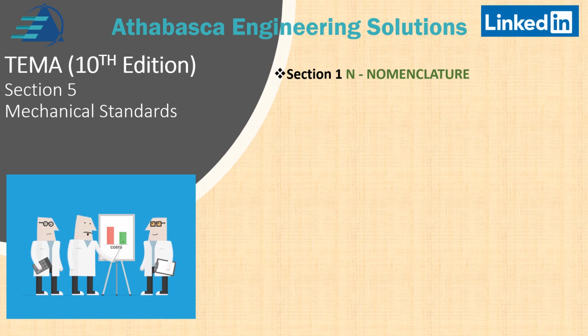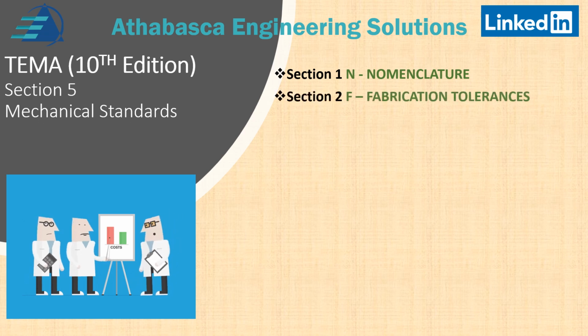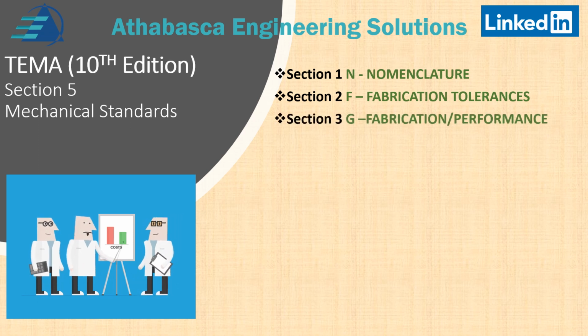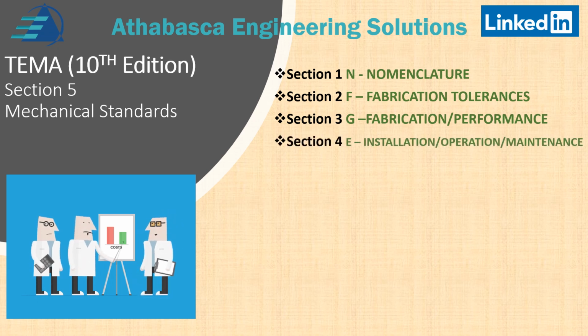We begin with Section 1, which is essentially the nomenclature, definitions and terms. Section 2 is the fabrication tolerances. 3 is the fabrication and performance. 4 is the installation, operation, and maintenance.